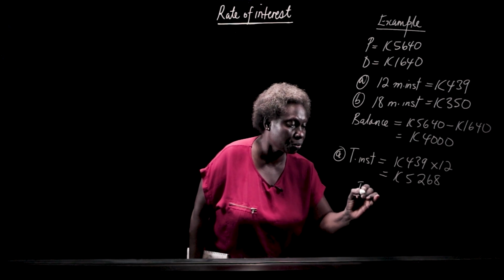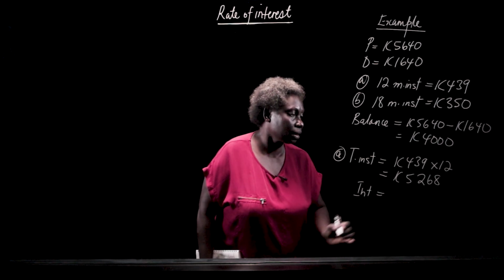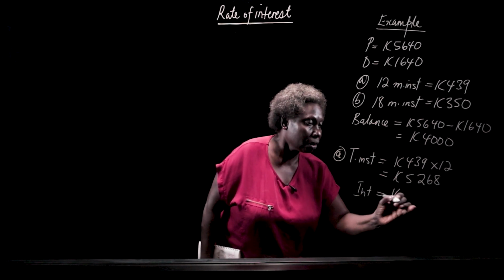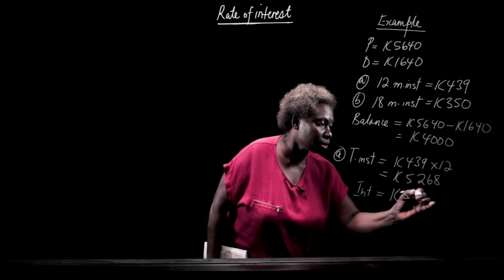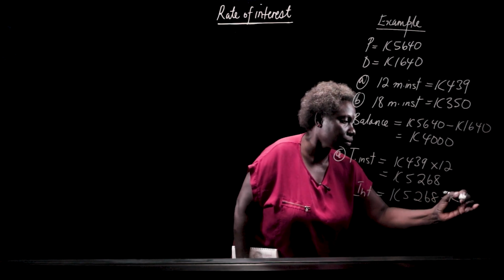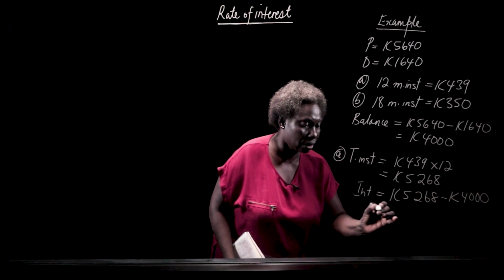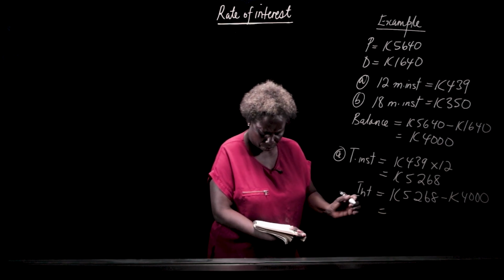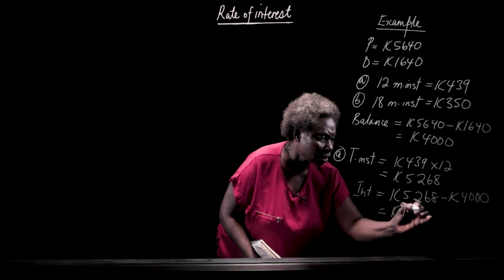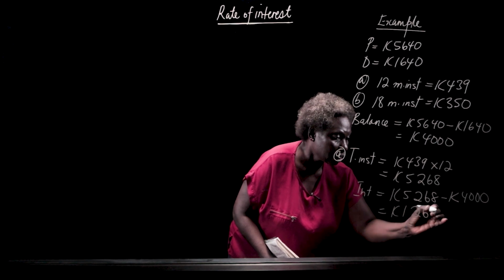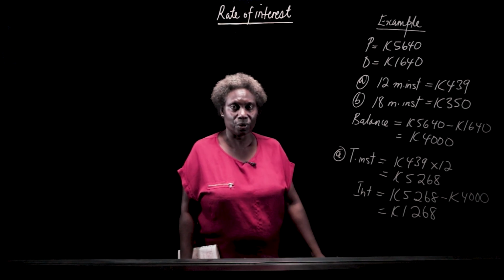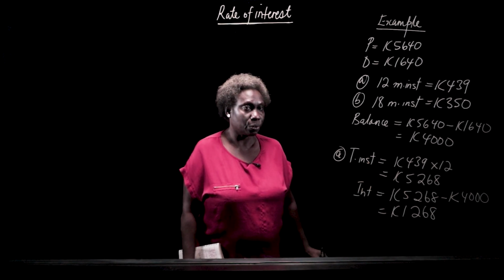Our interest will be calculated by subtracting the balance from the total installment: 5,268 kina minus 4,000 kina. So the interest is 1,268 kina.